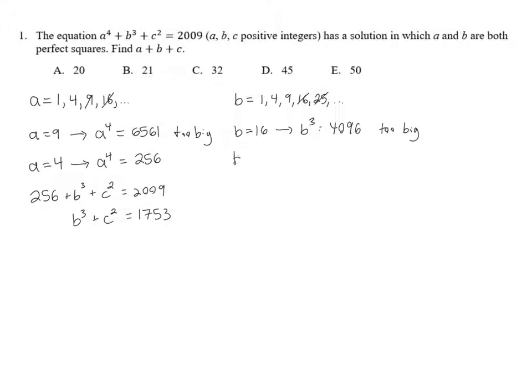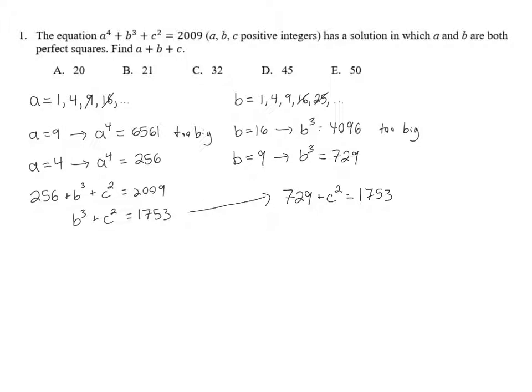We start with b equals 9. If b equals 9, then b cubed is going to be 729. Let's try and plug that in. If we plug that in to the equation we had before, this becomes 729 plus c squared equals 1,753.